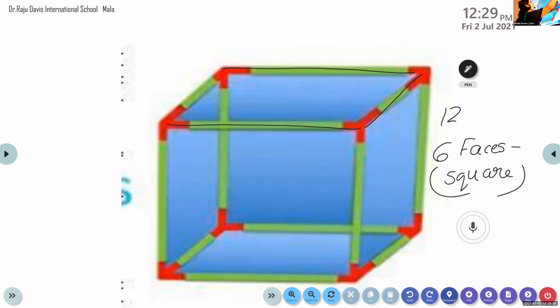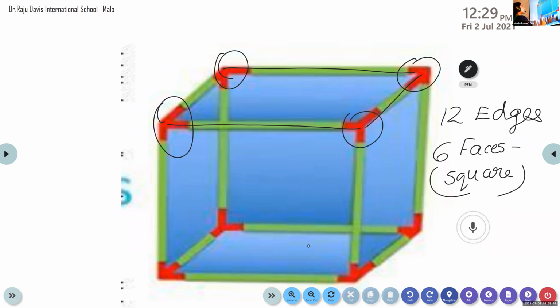Yes, 12 edges are there for a cube. Very good. Now, Sangal, please unmute. How many vertices are there for a cube? 8. 8 vertices. Very good.